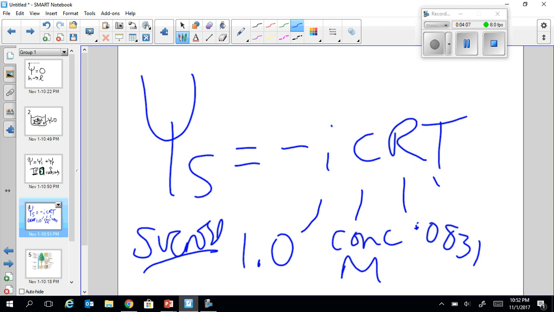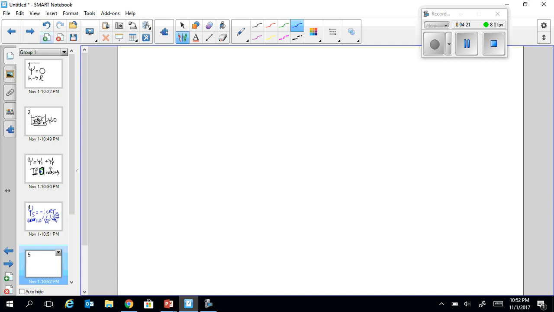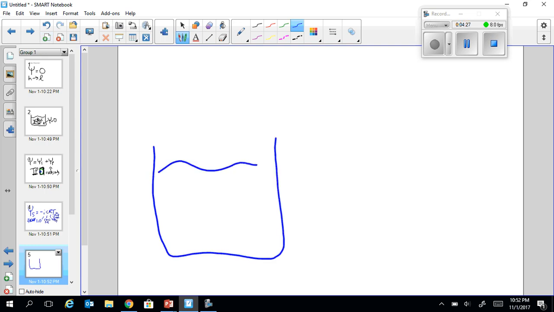And then T is the temperature. The temperature has to be in K, so that means you have to take your Celsius temperature and add 273. All right, so let's do an example. It will really help you get this going. First, let's do just a solution.